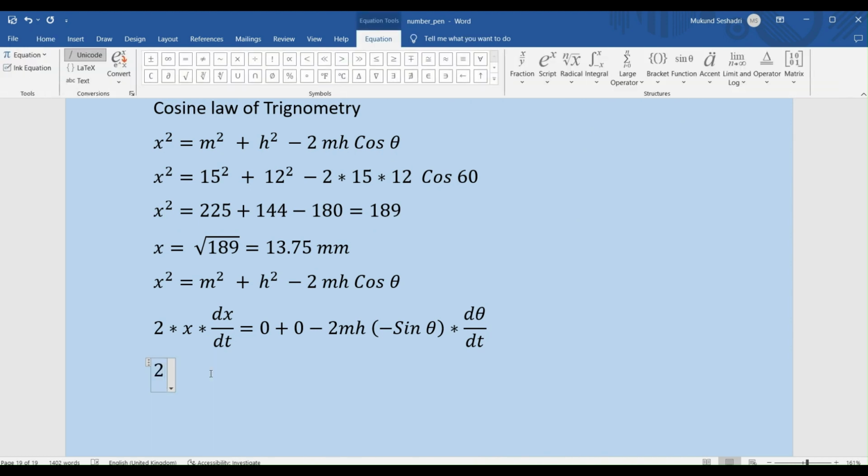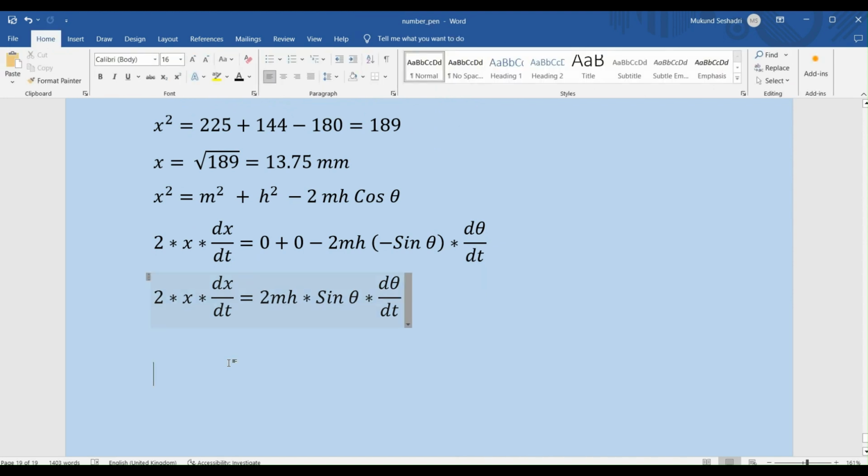You have 2x dx by dt, and 0, 0, and 2mh into sine theta into d theta by dt. I'm going to keep this equation like this, and then we'll return back to this equation in a few minutes.